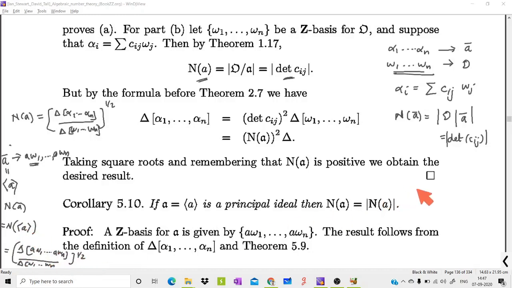Now what is the discriminant of aW1, ..., aWn? That is the square of the determinant of the matrix sigma i of alpha j, where instead of alpha j we have aWj. So the first row is sigma 1 of aW1, ..., sigma 1 of aWn.